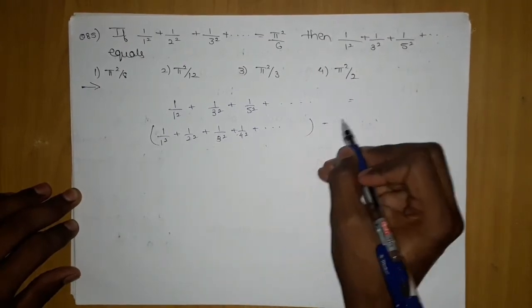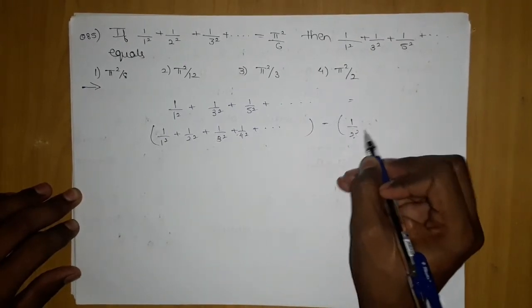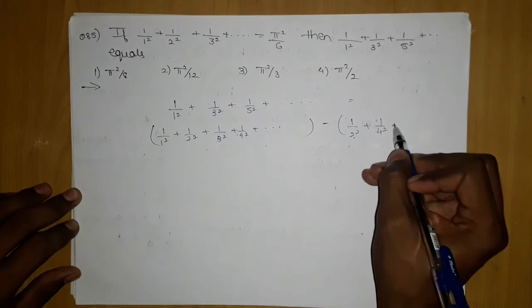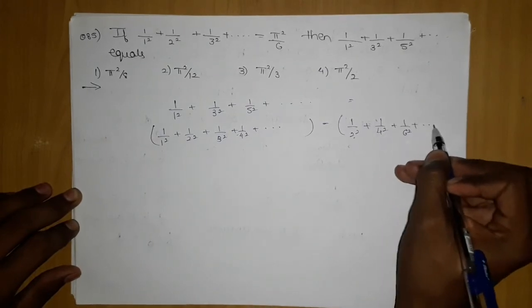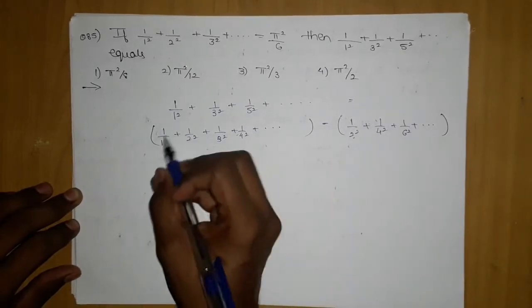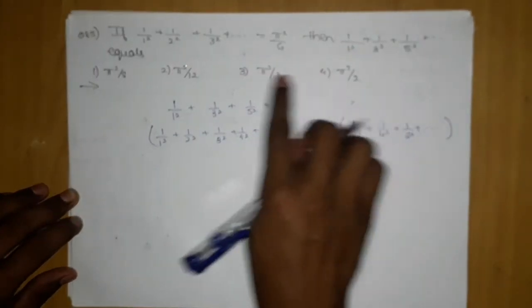Then there will be subtraction of the even terms: 1 upon 2 square, 1 upon 4 square, 1 upon 6 square, and so on. You can clearly see this is nothing but pi square by 6.